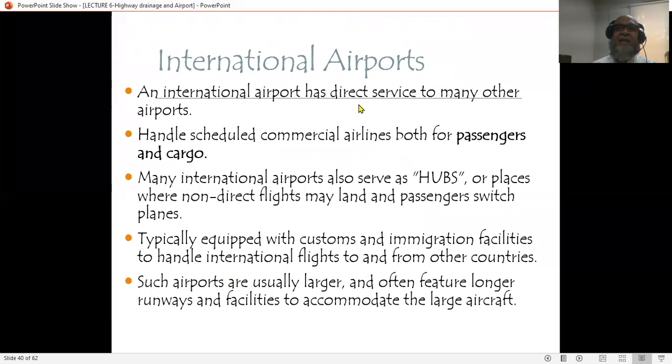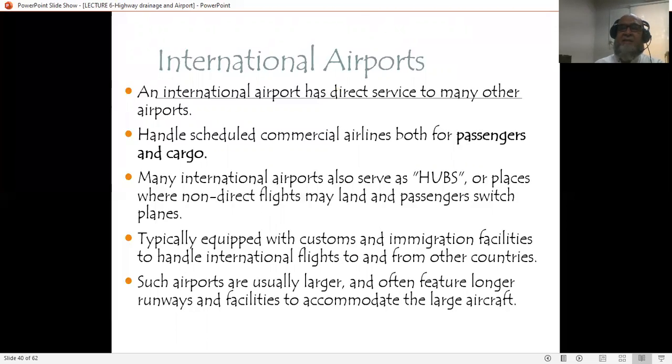What is an international airport? It has direct services to many other airports, and handles scheduled commercial airlines for passengers and cargoes. There are many airports that are also known as hub and spoke airports. What does that mean? It means there is no direct flight.